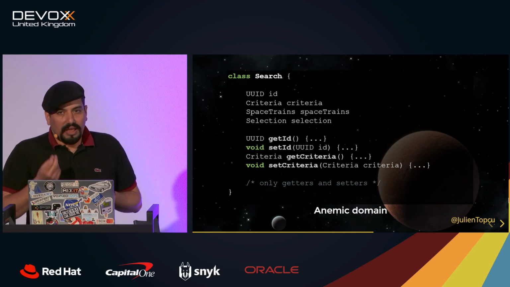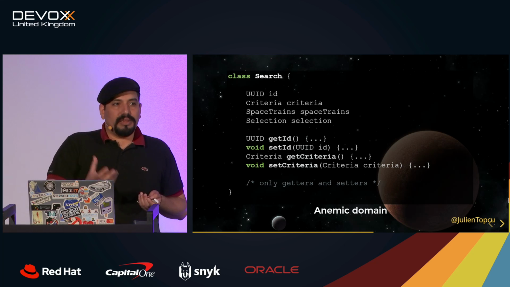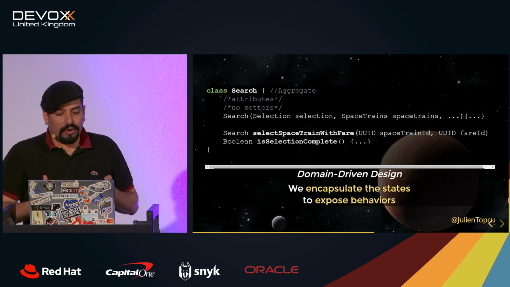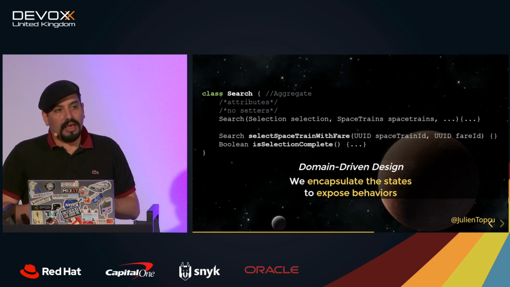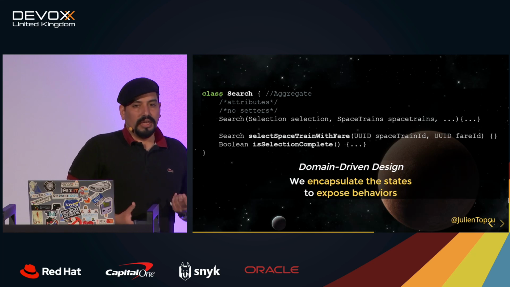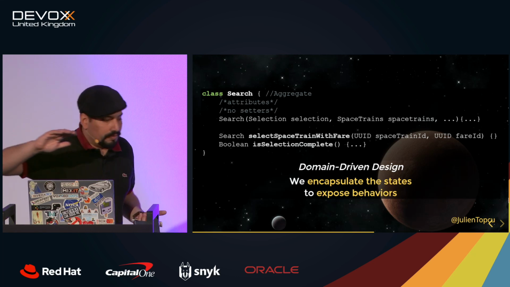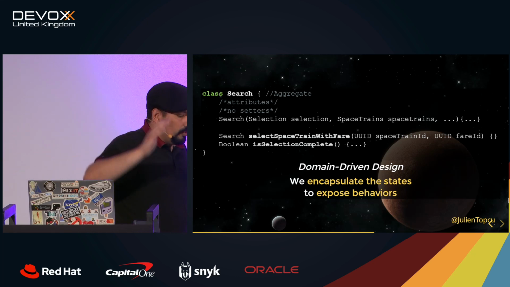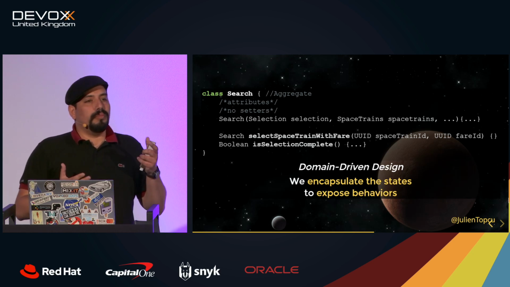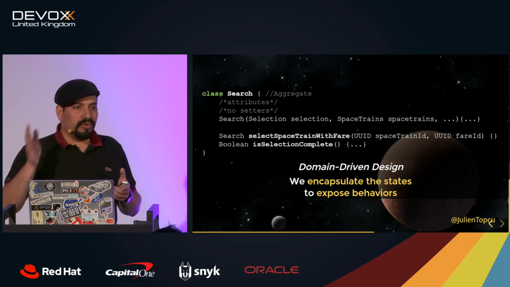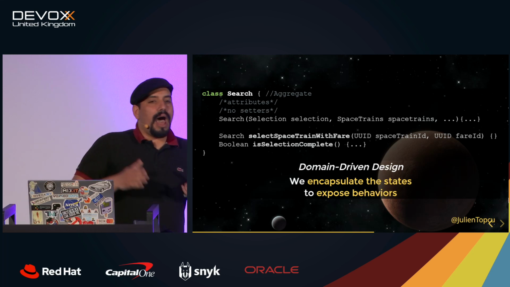We consider that as a bad practice. If you are doing object-oriented programming, usually you encapsulate the state and expose behaviors as functions. It means that you no longer expose any setters, but you have functions that will make sure that all the state transitions are made in a consistent way.